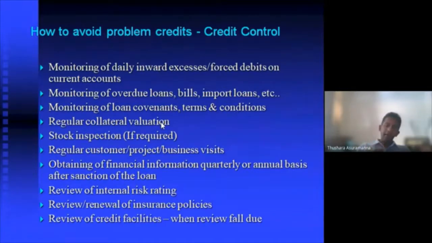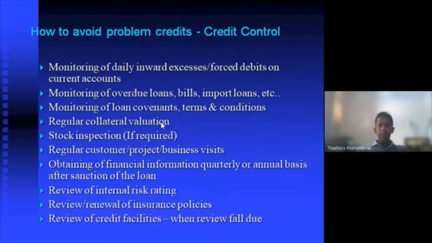Now, when you are monitoring them monthly, quarterly, biannually, yearly, and you see some covenants not met, then you need to act on that fast. Why is it not happening? What is the issue? There may be genuine reasons, and there may be willful non-adherence. You need to understand those things.